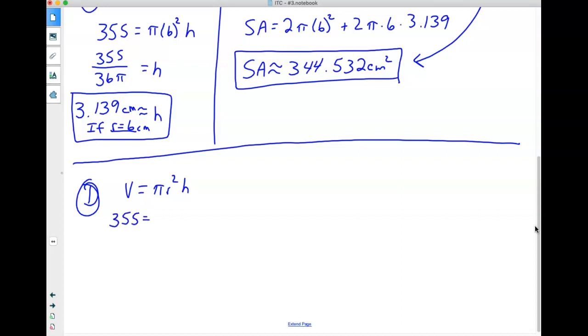What's changing is our radius and height to hold 355 milliliters. Pi, well, radius is x squared times h. Oh, what is the height? The height actually equals 355 divided by pi x squared.